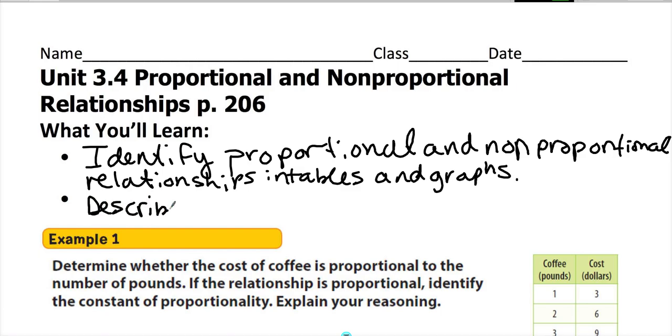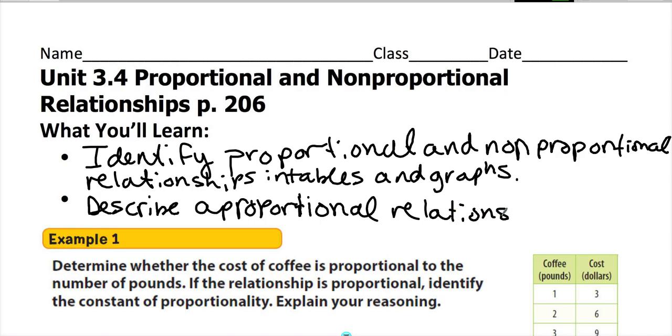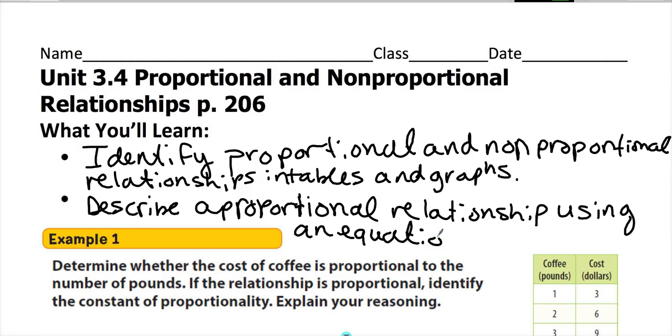Oops, I didn't spell it right, there we go, proportional relationship using an equation.